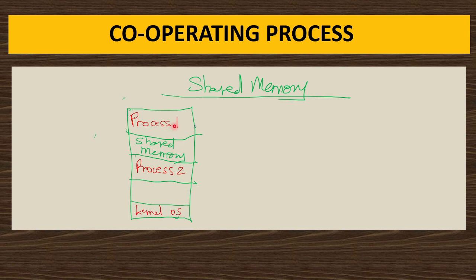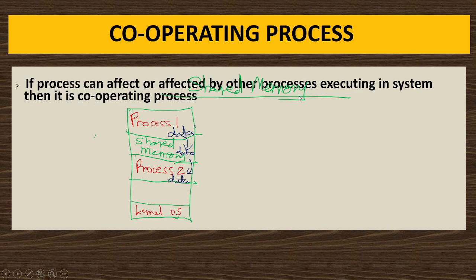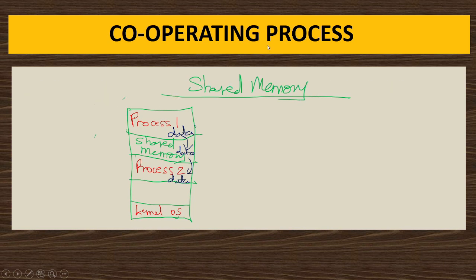Meaning process 1 will give its data to the shared memory section, and from the shared memory section the data will be taken by process 2. So suppose this is the data. It will be given by process 1 to shared memory first, and from the shared memory the data will be taken by process 2. So this way processes are communicating using the shared memory model of cooperating processes.